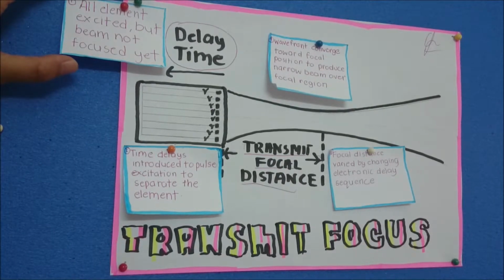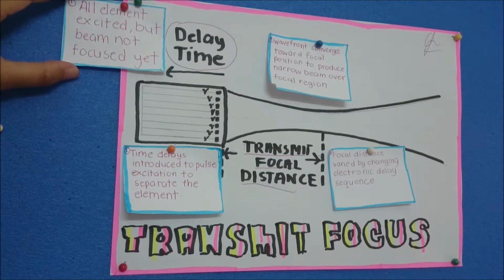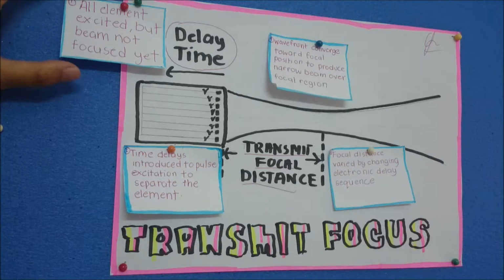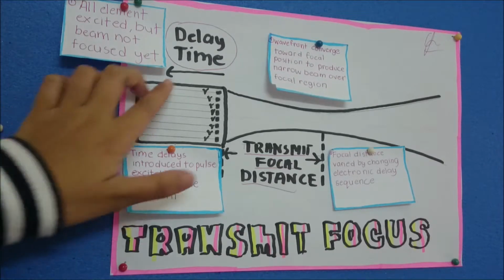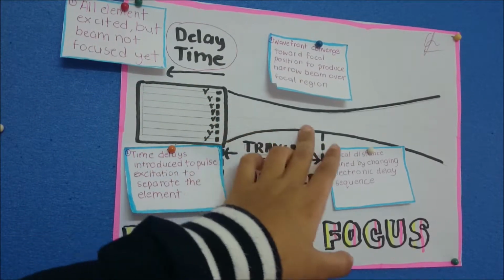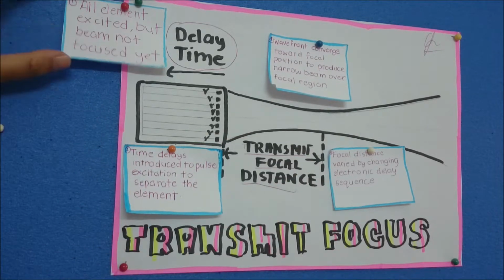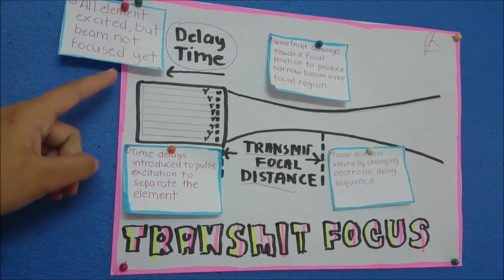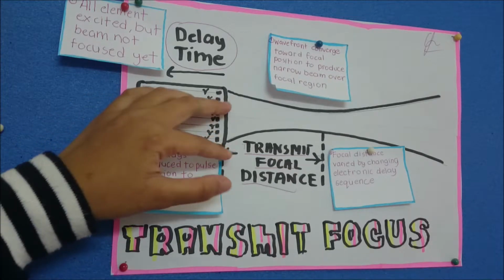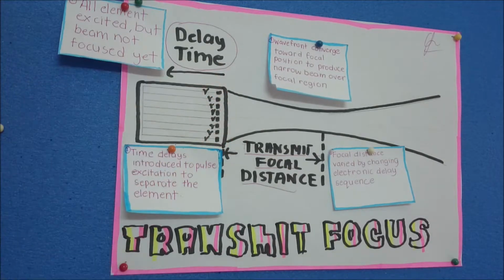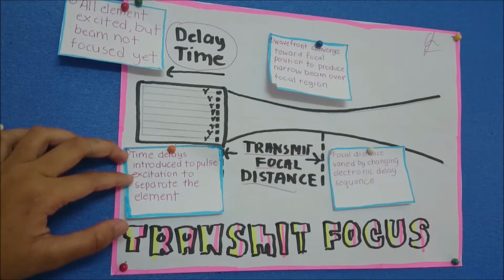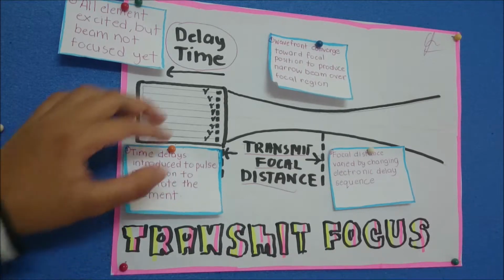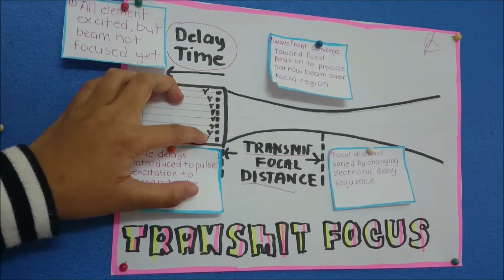Now we talk about the principle of transmit focus. This is the diagram of the transducer and the beam formed from the transducer. Firstly, all the elements are excited, but the beam is not focused yet, like this. Next, a time delay is introduced to the pulse excitation to separate the elements, like this.